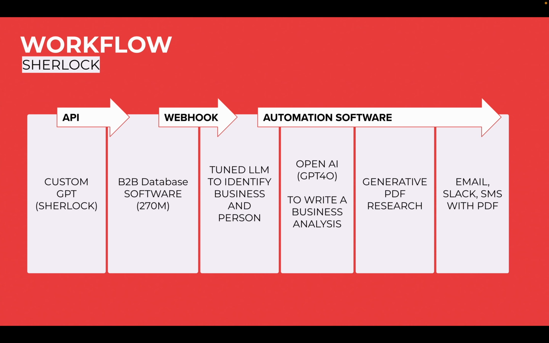the best results. Then, using an automation software, I actually connected OpenAI GPT-4 to a generative PDF builder, if you want to call it that. So everything that comes from the OpenAI module, if you want to call it, is going to create a PDF that contains all of the information pieces from the B2B data software up to this point.